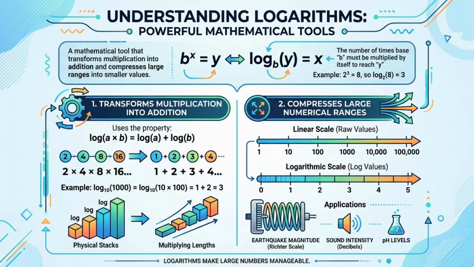A logarithm is a mathematical operation that transforms multiplication into addition and compresses large numerical ranges into smaller, more manageable values. Instead of working directly with raw numbers, logarithms describe how many times one value must be multiplied to reach another.